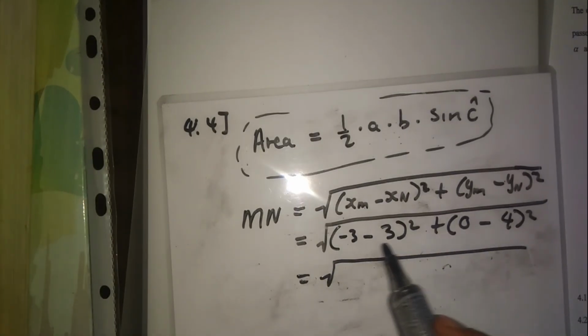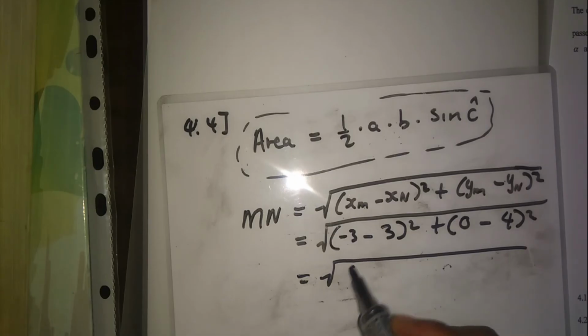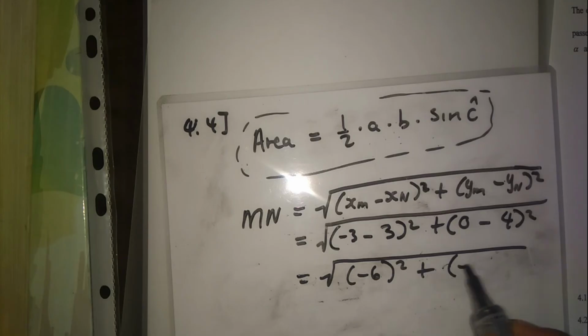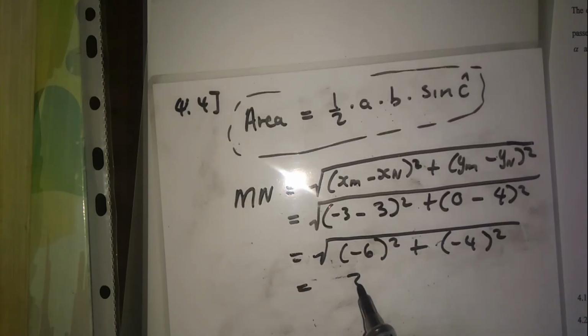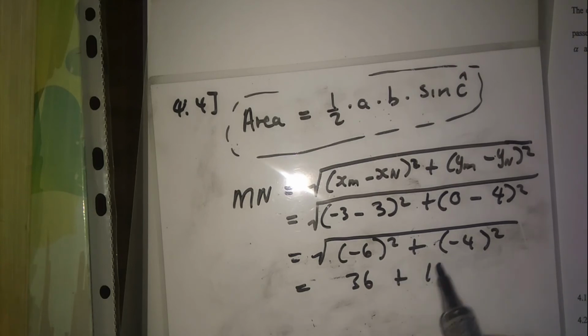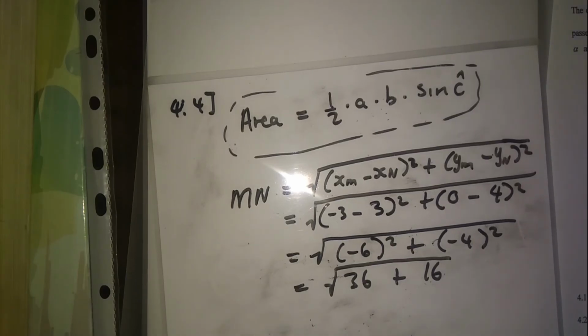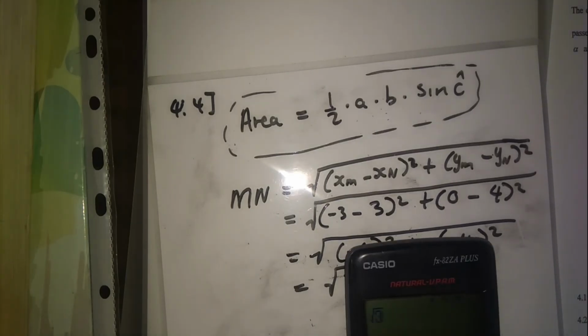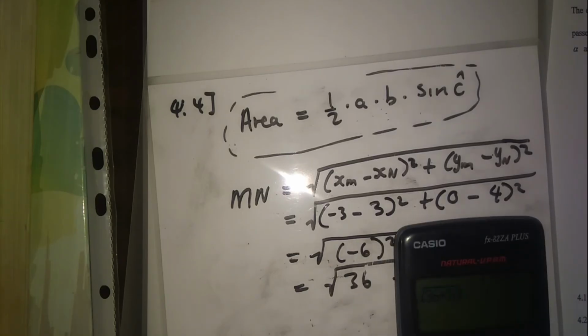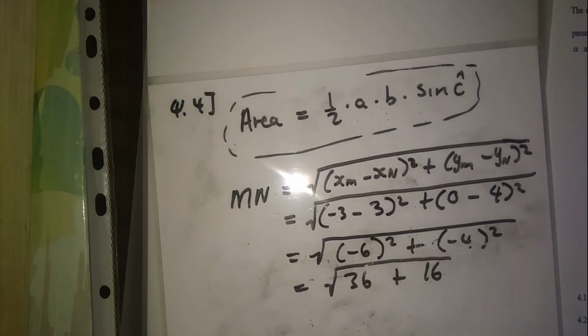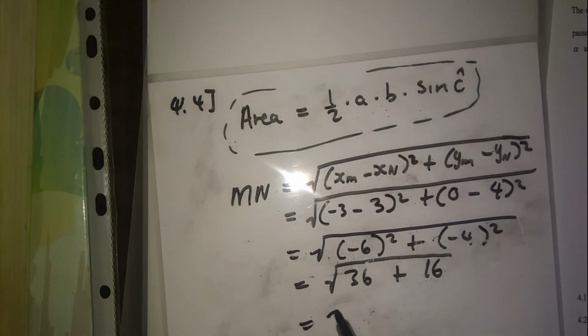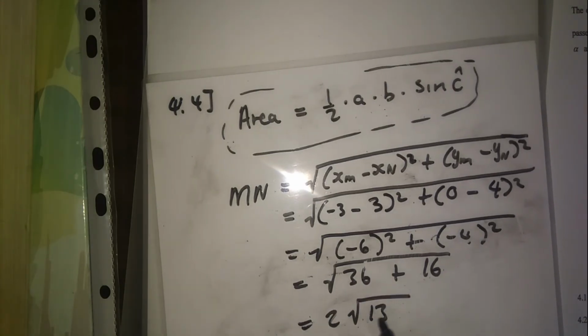Minus 3 minus 3 is minus 6 squared, plus minus 4 squared, so it's 36 plus 16. So the square root of 36 plus 16 is 2 root 13.